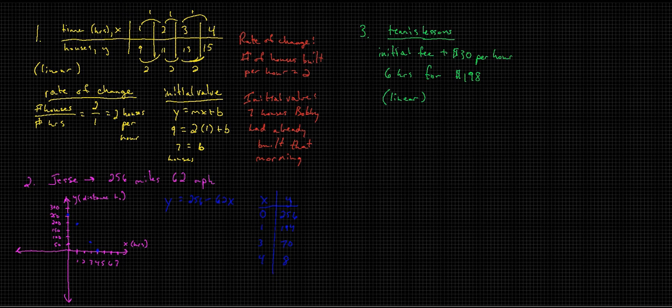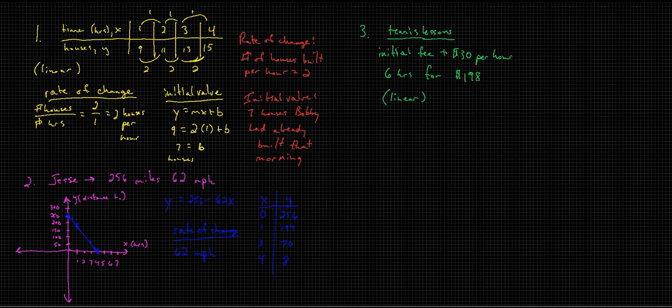So if you look at this, we pretty much have, as we should, a straight line between these points. And we're asked, what is the rate of change and the y-intercept of the line? The rate of change is simply the 62 miles per hour.